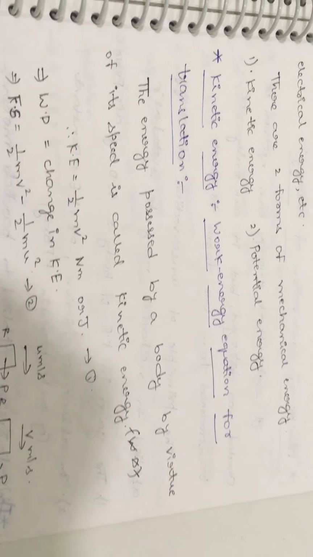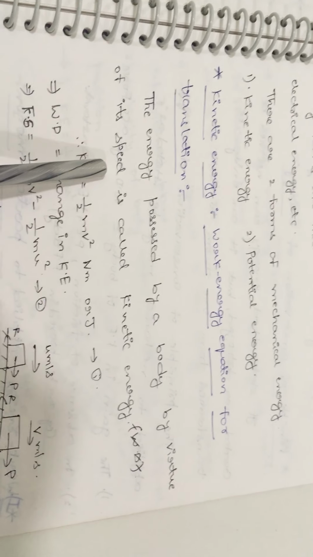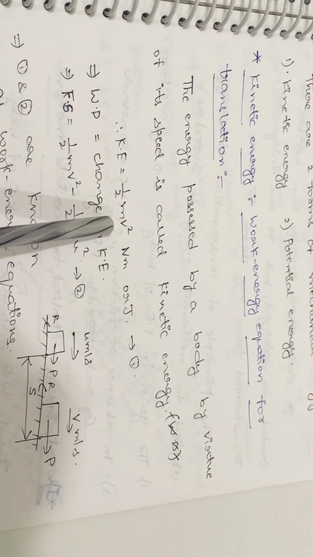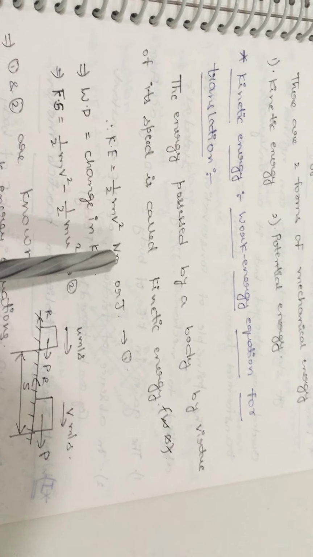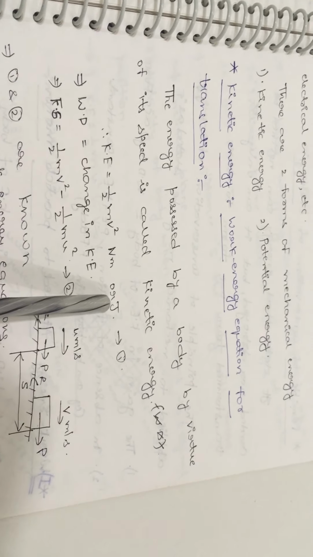Now coming to the kinetic energy, the energy which is possessed by a body by virtue of its speed, velocity, that energy is nothing but a kinetic energy. And the formula for the kinetic energy is given as half into mv square, and units are Newton meter or joules.